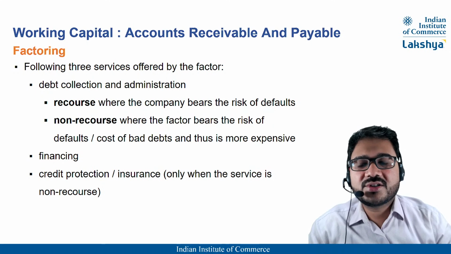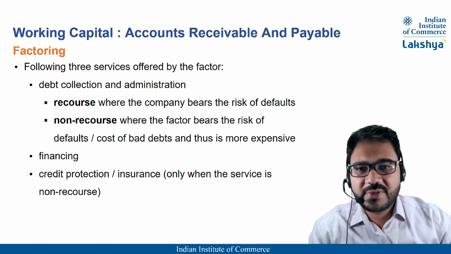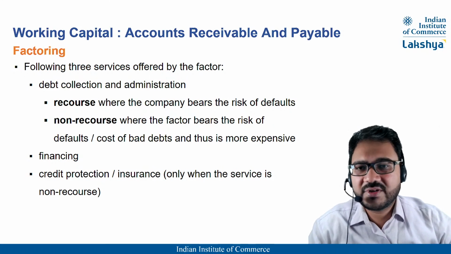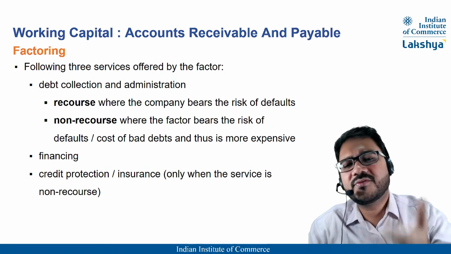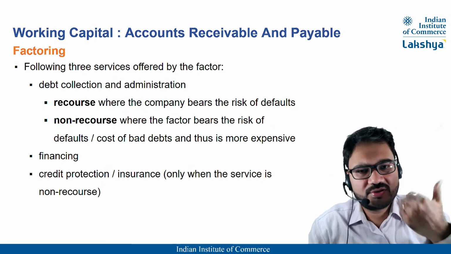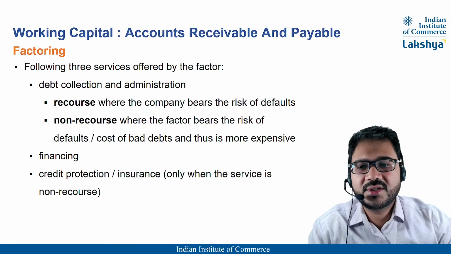Then factoring agents will also provide financing. That is, when they purchase those bills, they will say, okay, we have an invoice of $1 million, we'll give you $900,000. So they will provide financing. On that financing, obviously, they will take some interest.